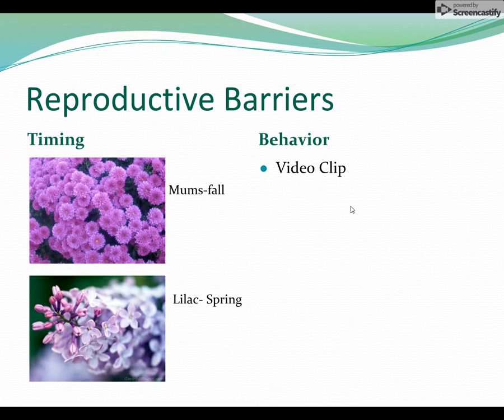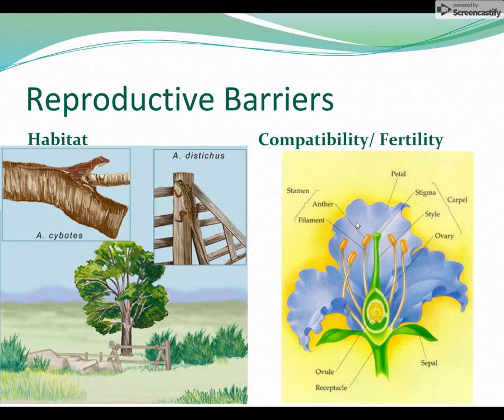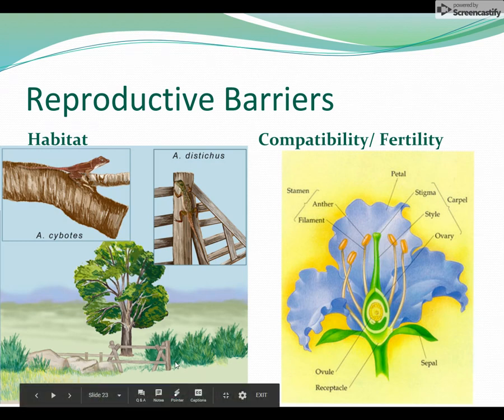Behavior, there's a certain behavior that the organism has to display in order to get to mate. You saw this with the supreme lyrebird or the bowerbird. Habitat, these species that could live together live in different places, so they never interbreed. Like this situation, you have a lizard that lives in the tree, and you have a lizard that lives here on the ground and climbs up onto the fence occasionally.